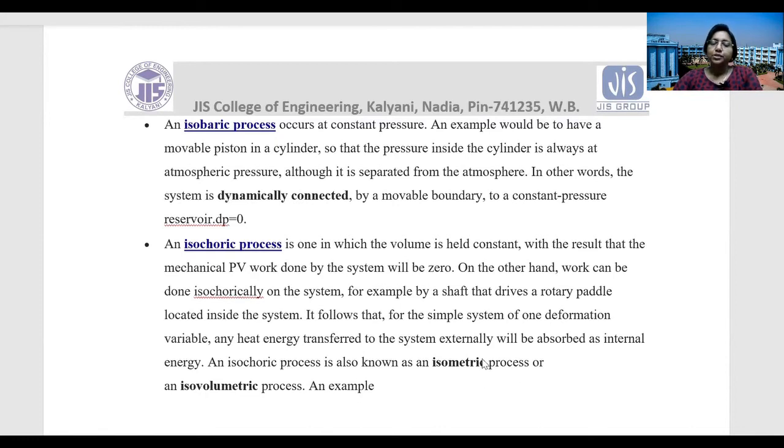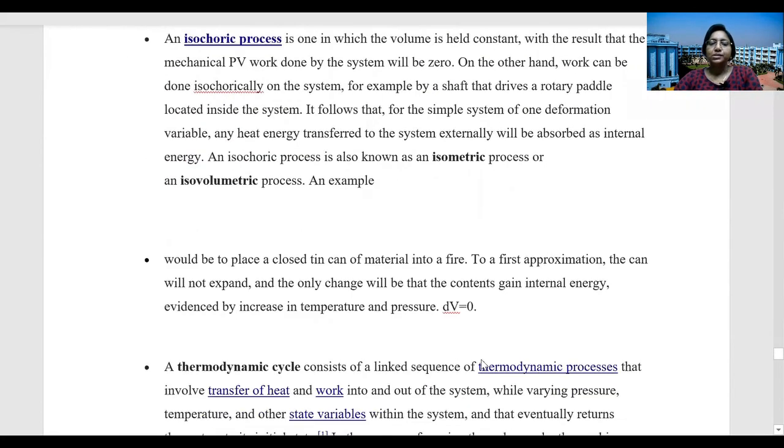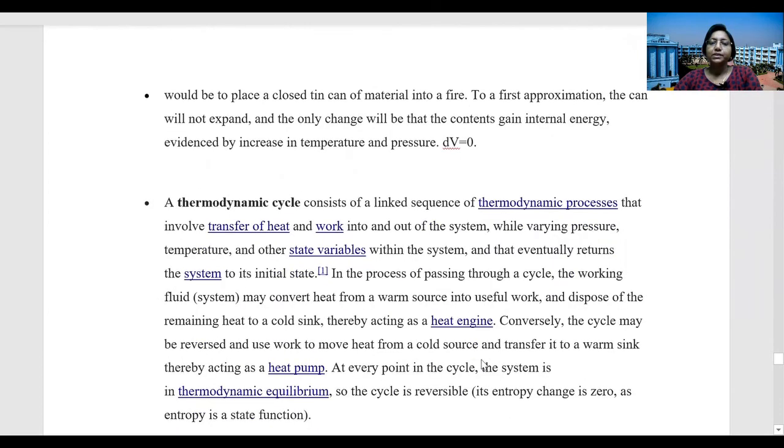So for isochoric, what will happen? dV will be equal to 0. The expression will be dV is equal to 0. The change of volume will remain same.